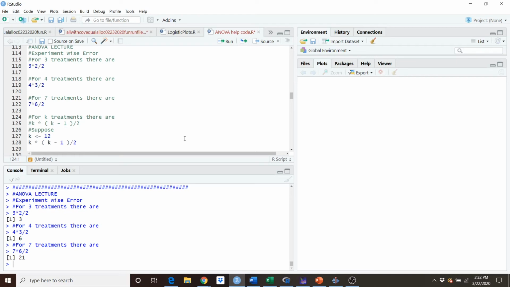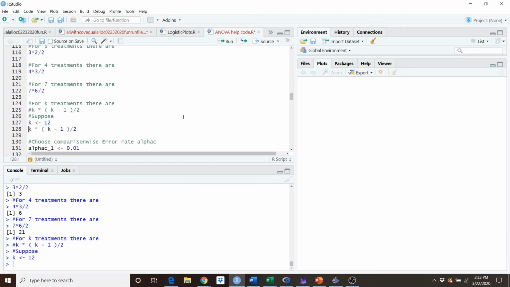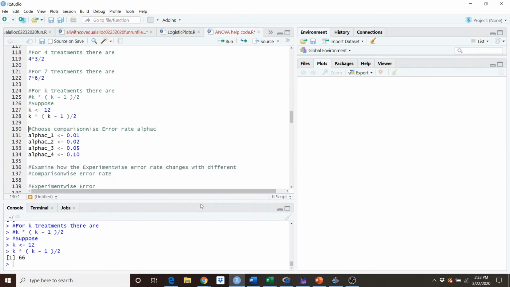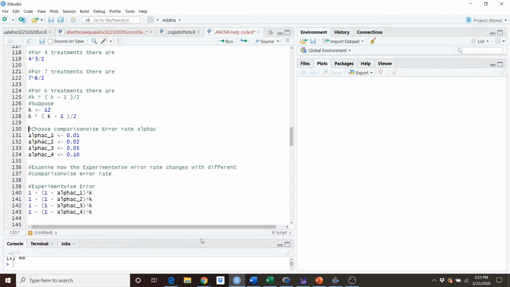But let us suppose for a moment that there are 12 populations. And so k is going to equal 12. Well, then how many comparisons must we make? 66 comparisons.